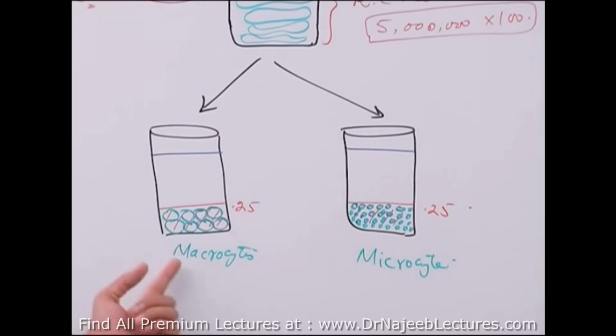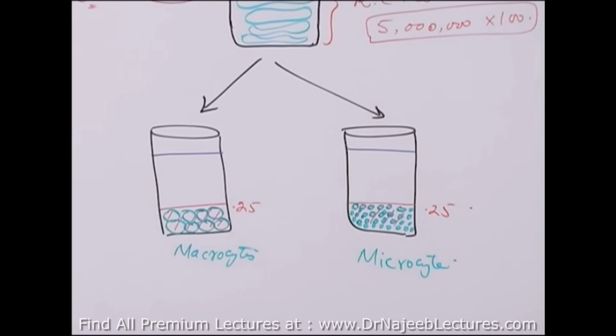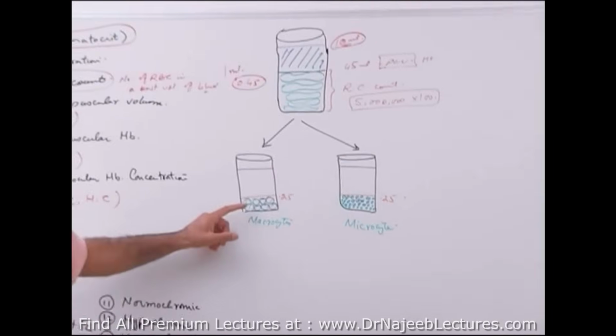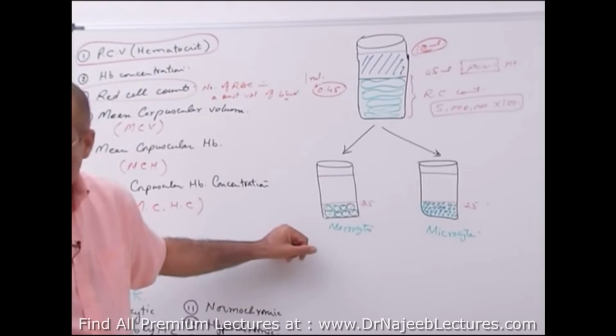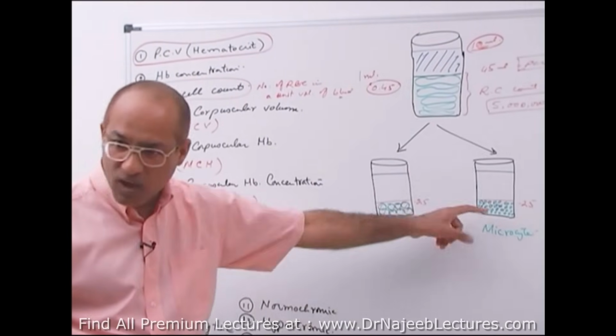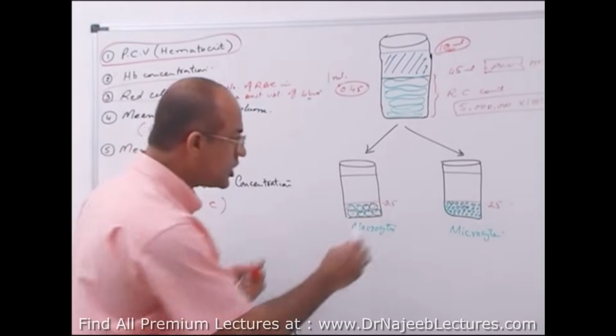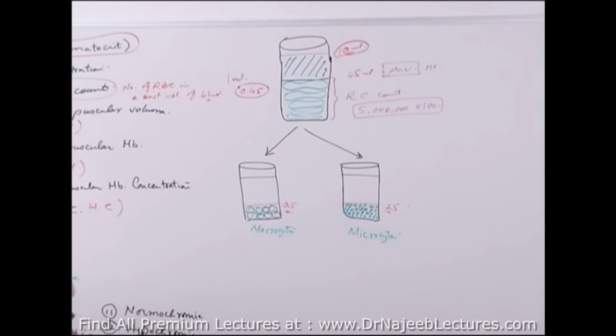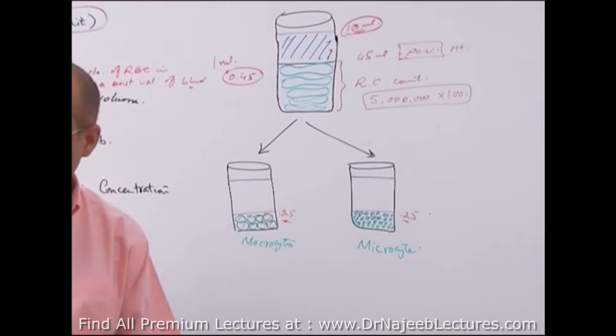If both of them have equal packed cell volume, do you think the red blood cell number can be equal? No. You are intelligent, isn't it? There are two people, both with severe anemia, both with very reduced but equal packed cell volume. Packed cell volume is equal on both sides, but one has larger RBCs, the other has smaller RBCs.